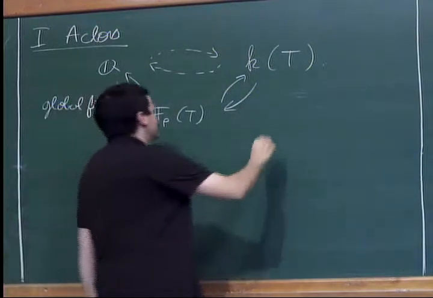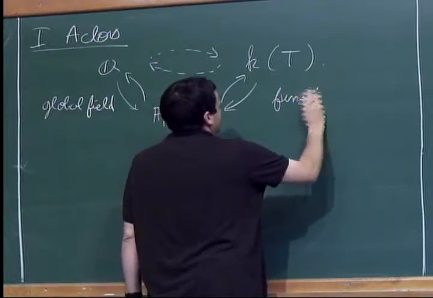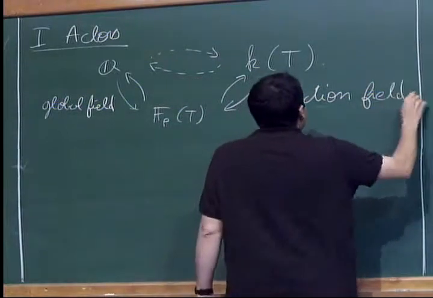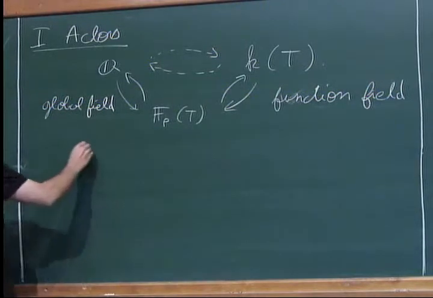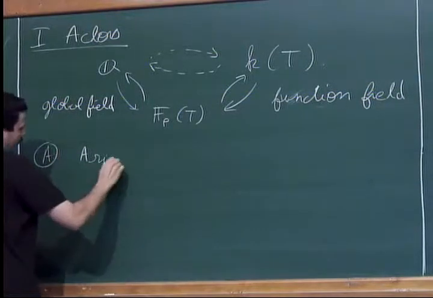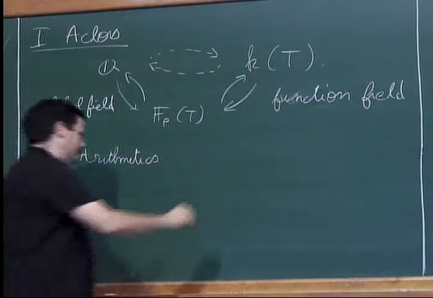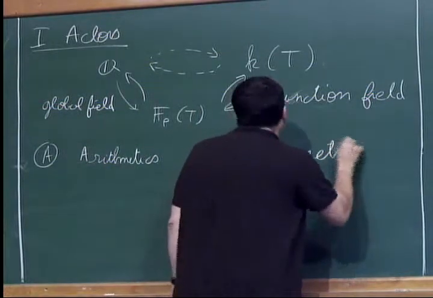On the other side it's called a function field. And in fact each side corresponds to a language, so I also have to explain some kind of dictionary between the two languages. The two languages I'm speaking of are, on this side, arithmetic, and on the other side it's more the language of geometry.